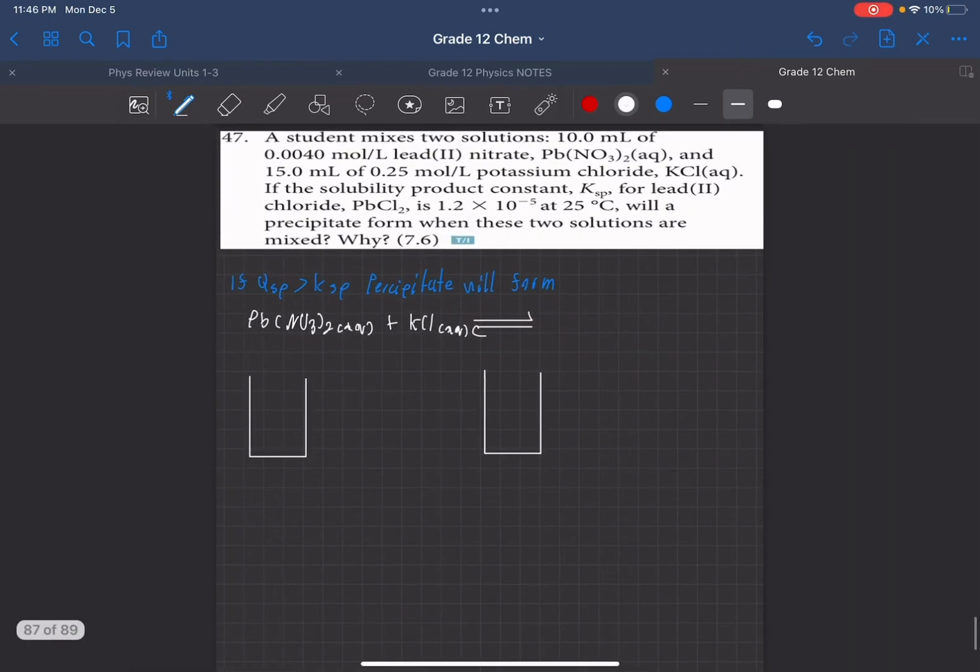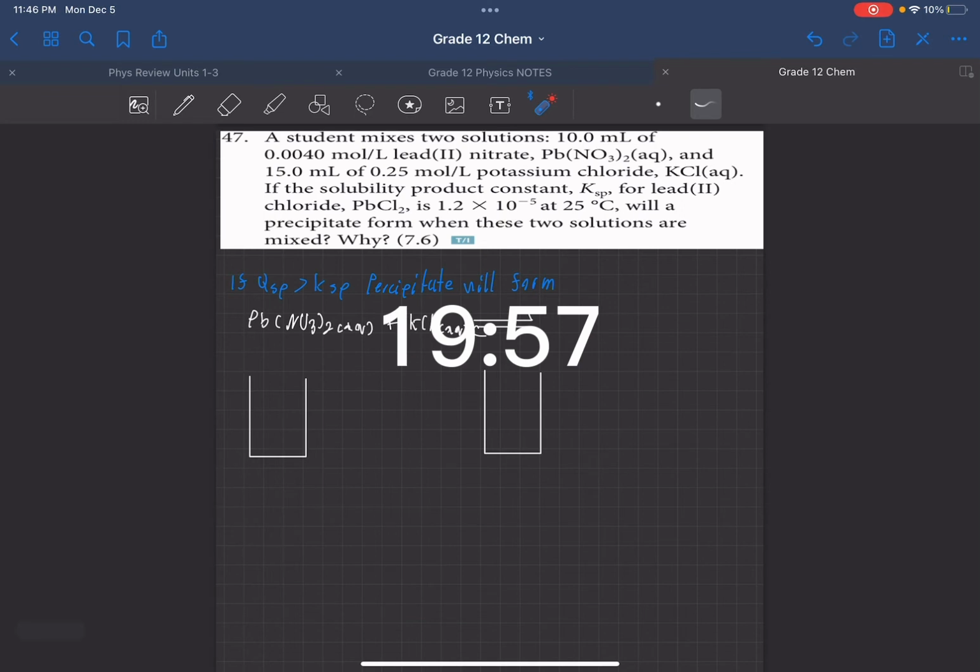So what does that form? Well, we could just do a double replacement reaction, right? But through doing that, you're not really understanding what's going on in this reaction. So if you want, you can just do a double replacement reaction and skip, I don't know, 30 seconds. But I'm just going to explain what is going on and why this double replacement reaction is happening.